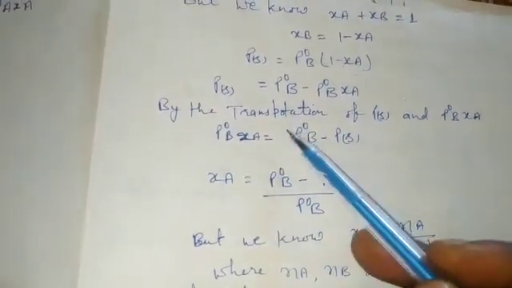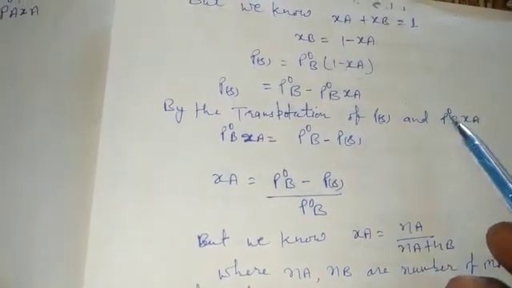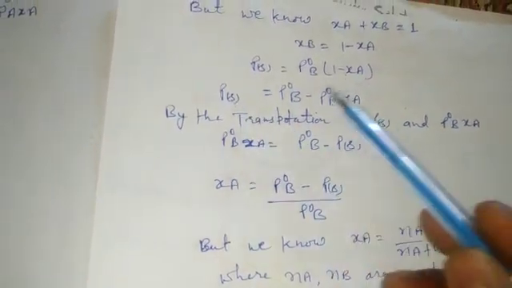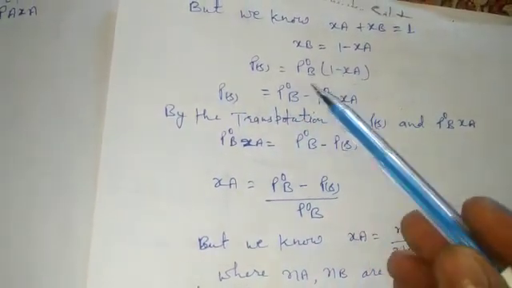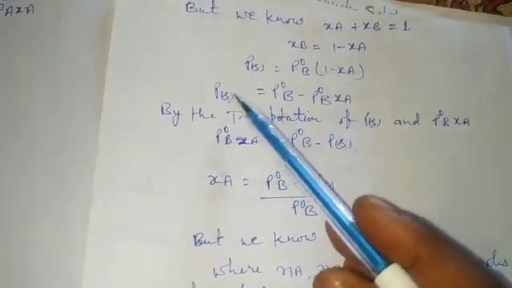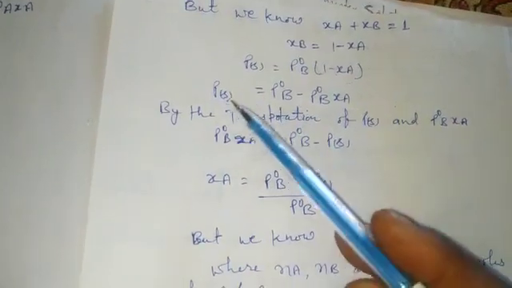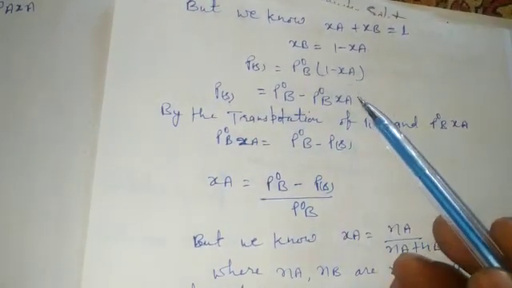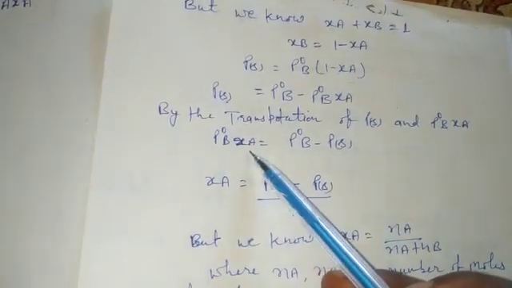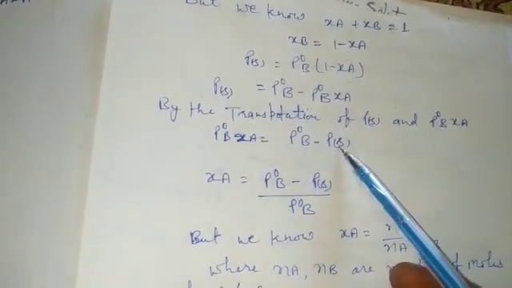By interchanging Ps and this term from left to right and right to left, the sign will be changed. This positive becomes negative, and this negative becomes positive. So P naught B Xa is equal to P naught B minus Ps.